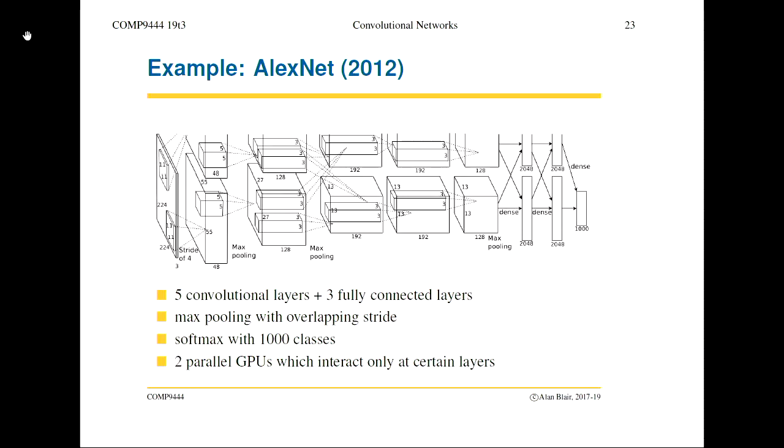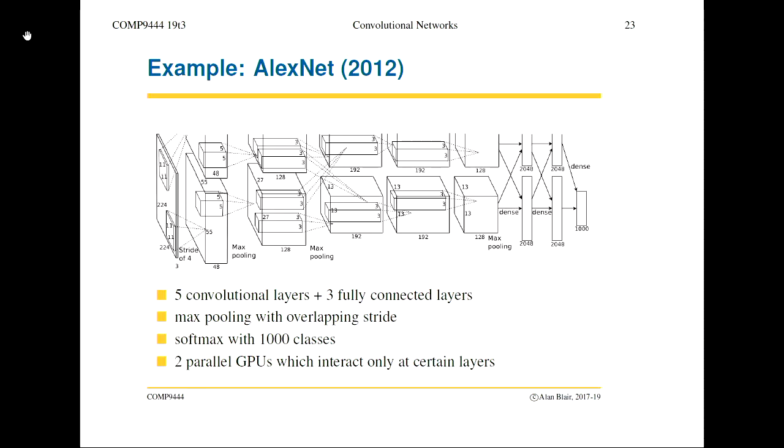Now, we'll go into image processing in more detail later on, but it's interesting to look at AlexNet as an example of this. LeNet was 1998, and this is what was the state of the art in 2012.